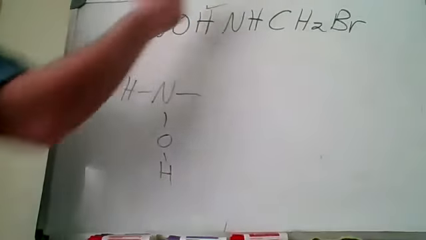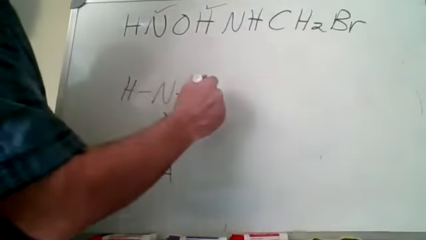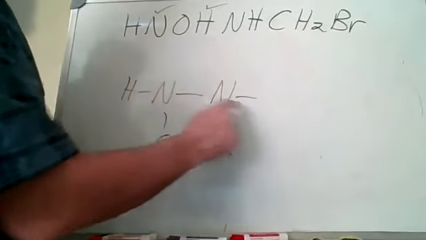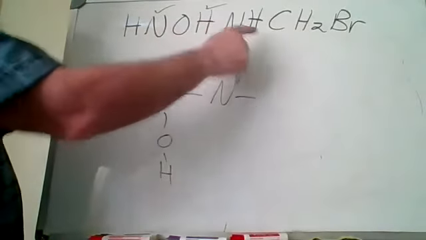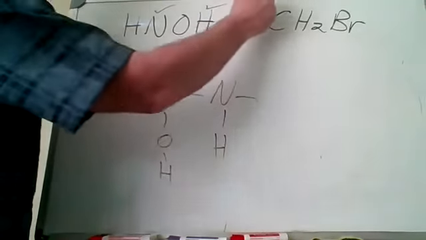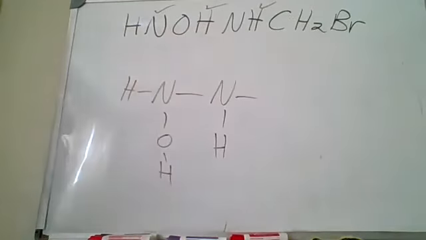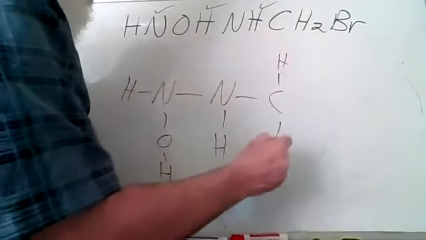That brings me to there. Now, the next atom is a nitrogen, which can make a bond on both ends. There's a hydrogen here. The hydrogen cannot go here, so I'm going to put the hydrogen there. That brings me to there. Okay, then we have CH2. Well, hey, we know what that looks like. And then a bromine.